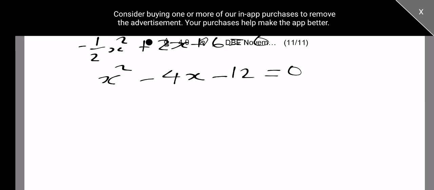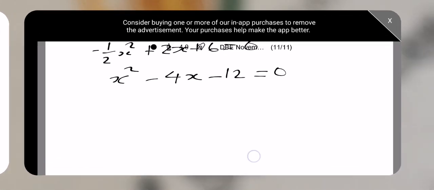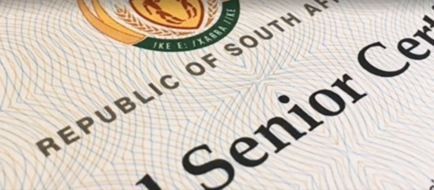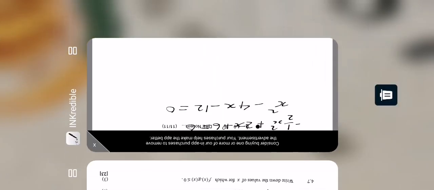Now we factorize. The factors of 12 are 1, 2, 3, 4, 6, and 12 itself. So which two of those can potentially give us the middle term, the second term?